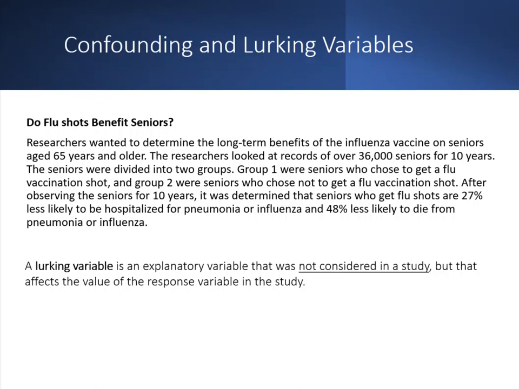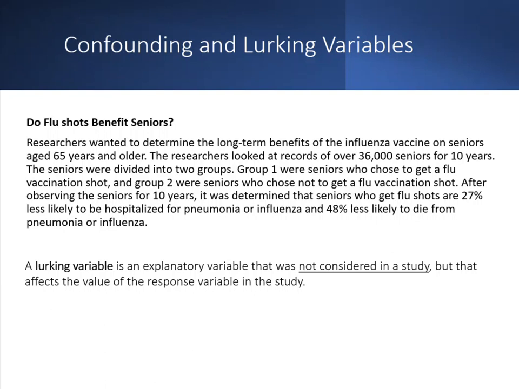And that's what we're going to call a lurking variable. So a lurking variable is an explanatory variable, that input variable, that wasn't considered in the study, but does have an impact on the outcome or the response variable. So when we think about these 27 and 48% results, is there anything that could have not been considered ahead of time that would have impacted the outcome and the results of these studies?